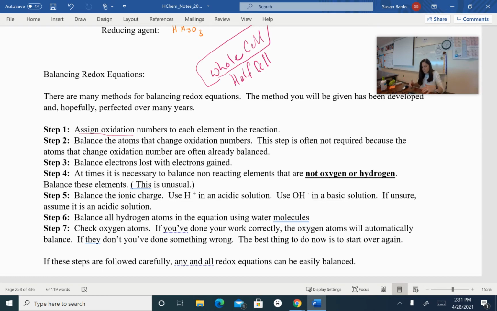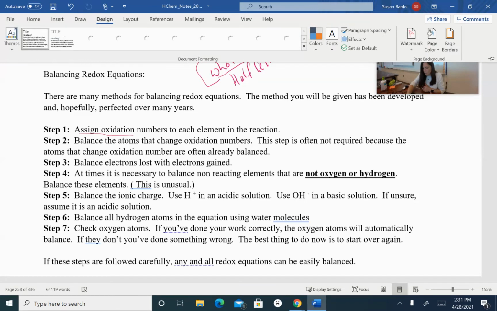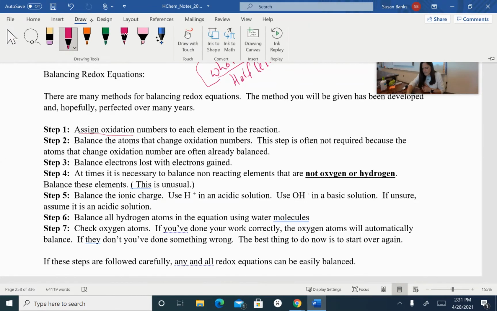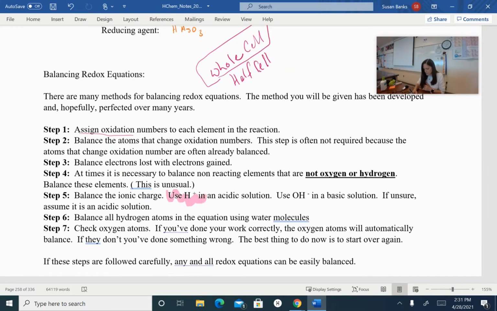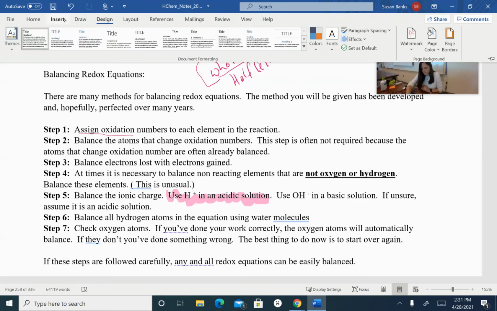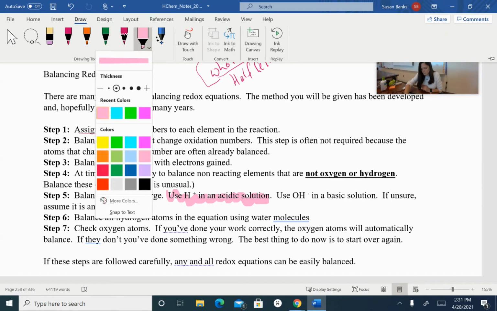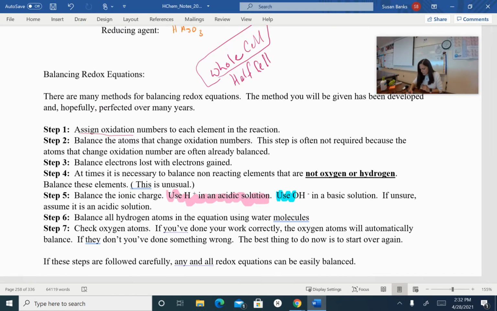So if we have an acidic solution, we are going to use hydrogen ions to balance. If we have a basic solution, we are going to use hydroxide ions. Okay?